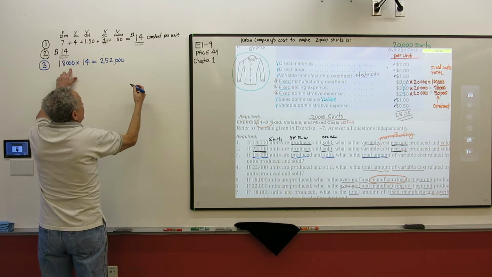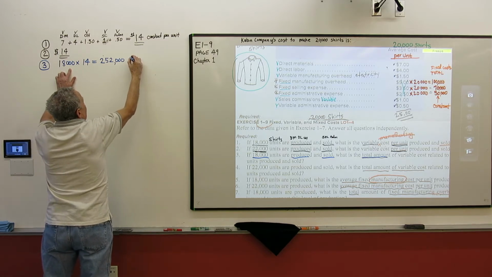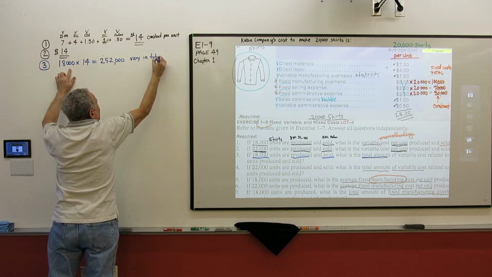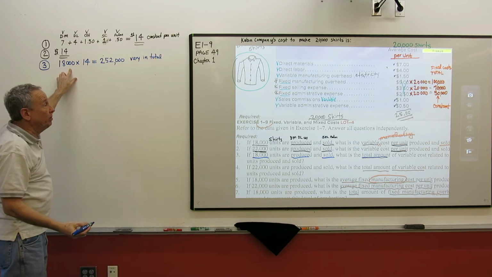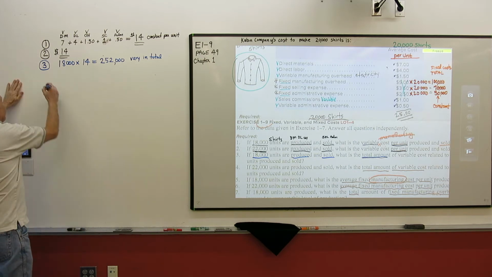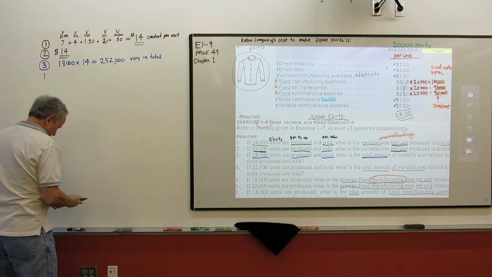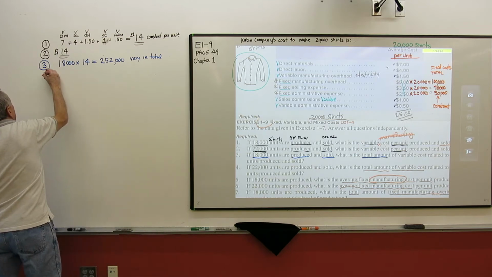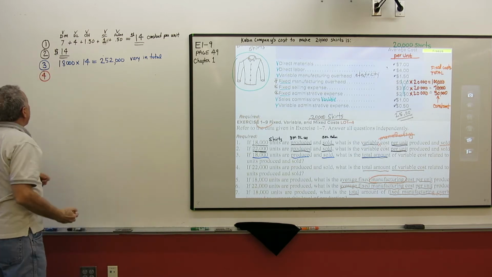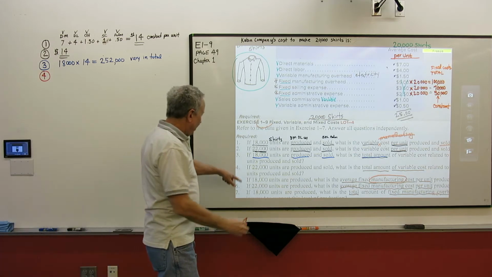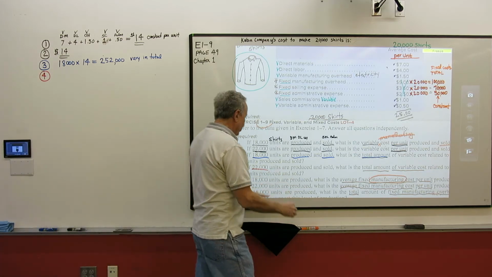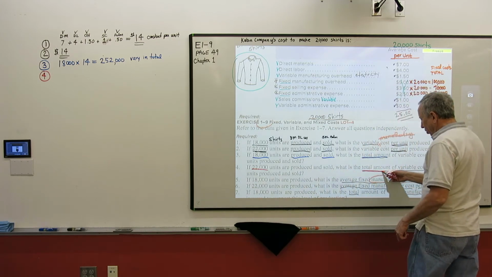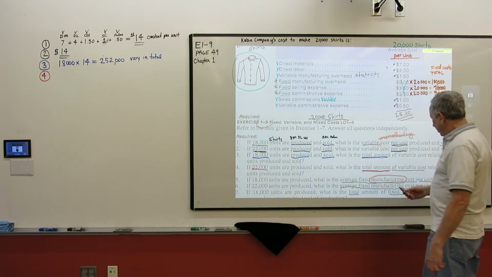What do variable costs do in total? Variable costs vary in total, just like your gasoline. Gasoline is constant per unit, varies in total. All right, 4. If 22,000 units are produced and sold, what is the total amount, not per unit, of variable cost?